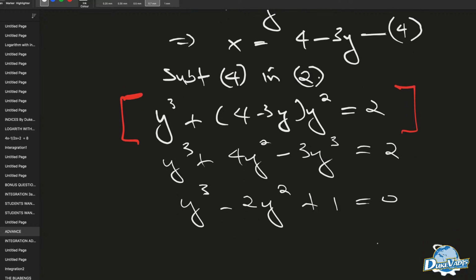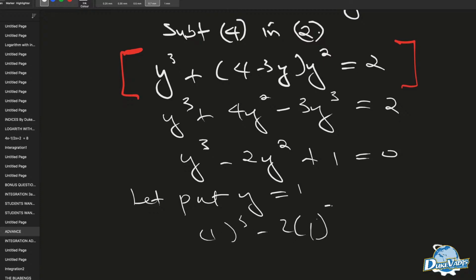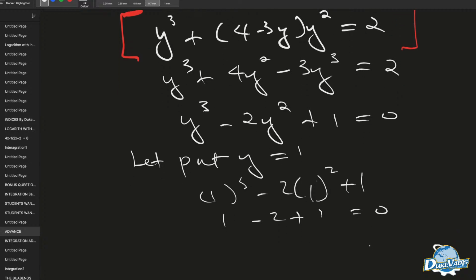Straight on, we realize that if we put y equals 1 into the equation, then y equals 1 is a factor, because when we substitute, we get 1 cubed minus 2 times 1 squared plus 1, and this is 1 minus 2 plus 1. So this will be 0. So y equals 1 is a factor.